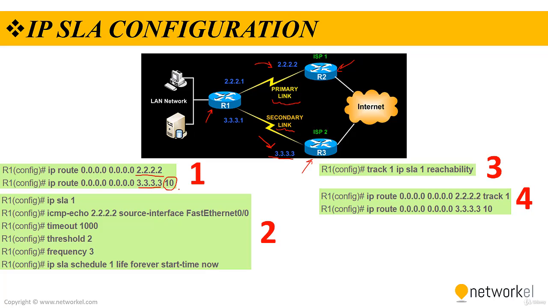This usually happens when the issue is at the ISP side. That means, what if there's a problem in here? Or what if there's a problem in here? Okay? So in such scenarios, guys, IPSLA is the engineer's best friend.